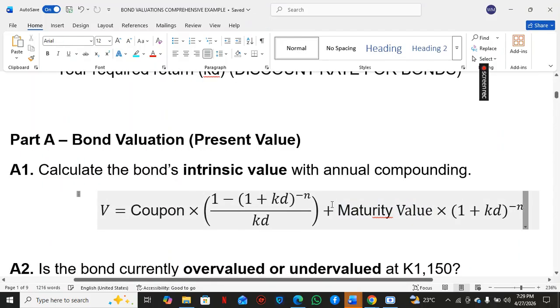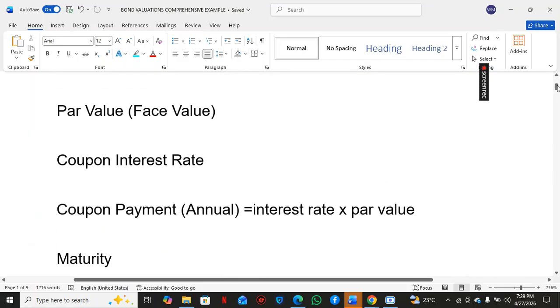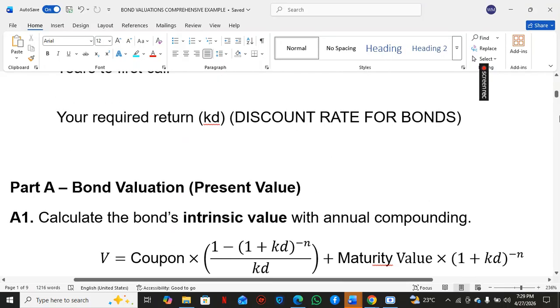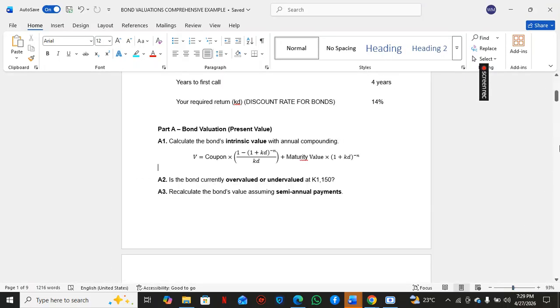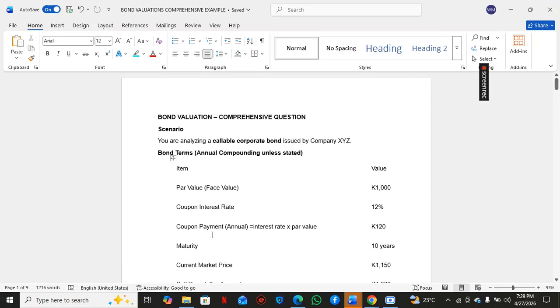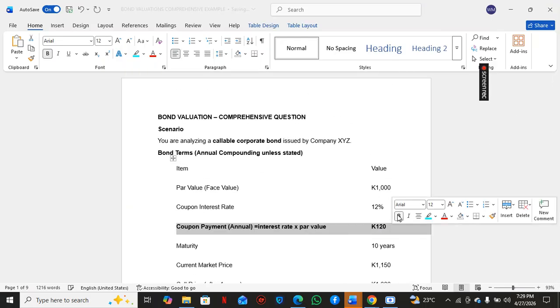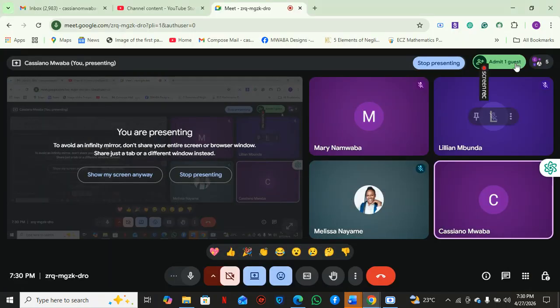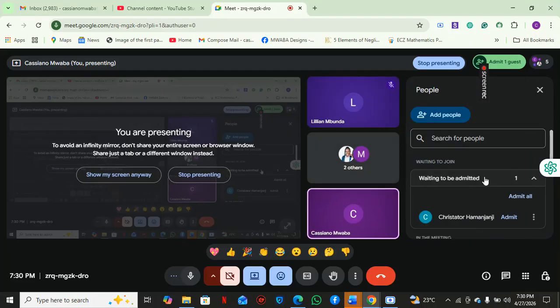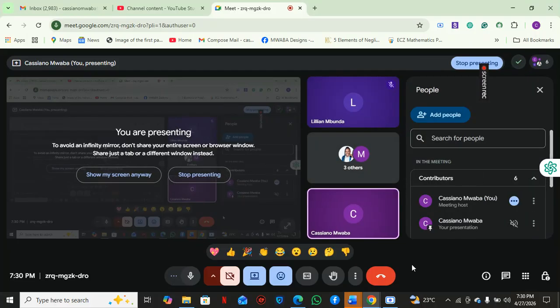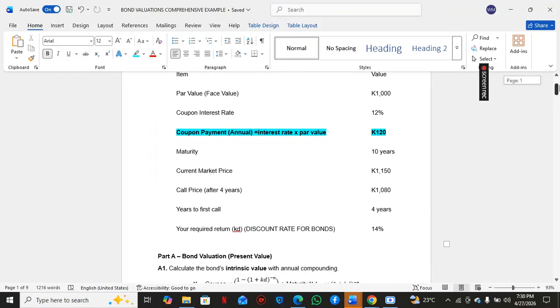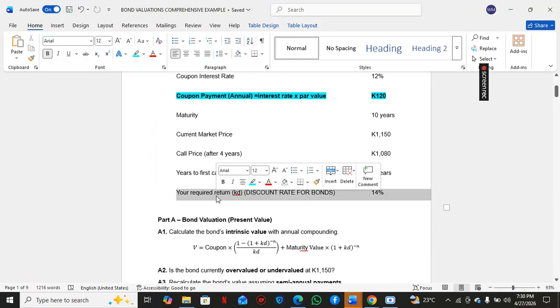Using that information, we already have our coupon. Our coupon is this 120 kwacha. Our cost of debt, our discount rate here, is 14%.